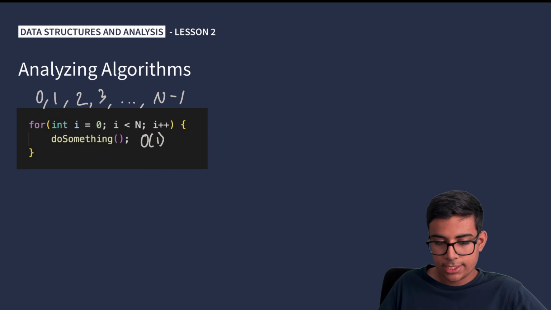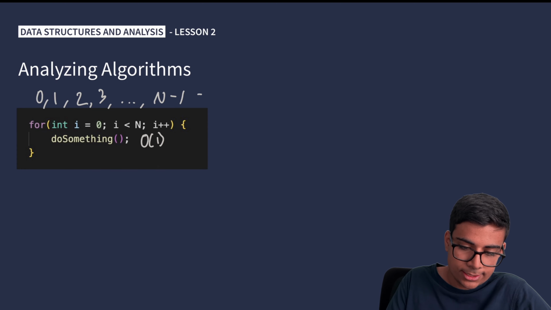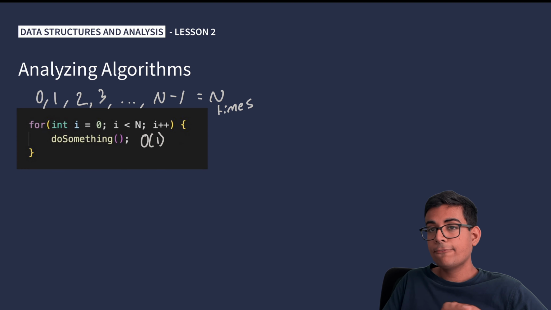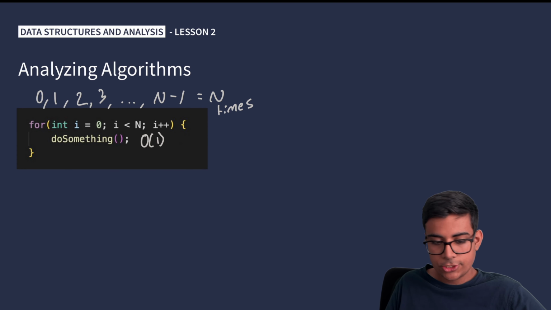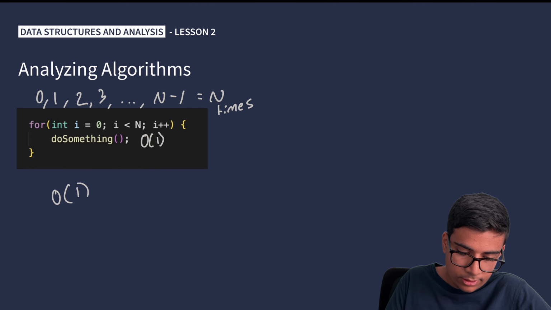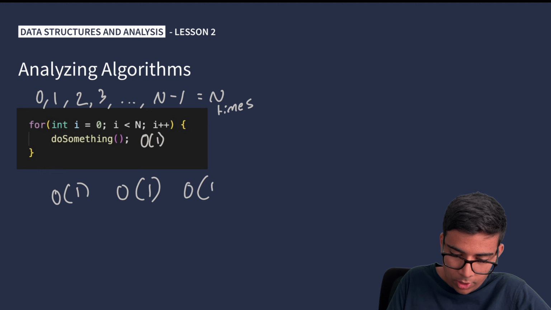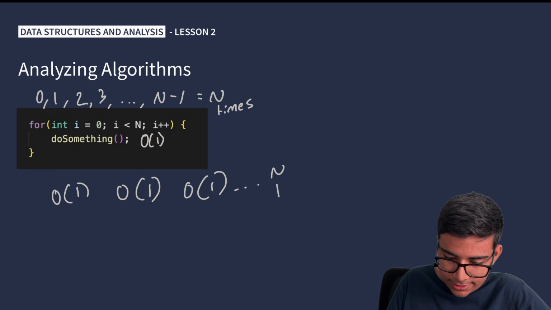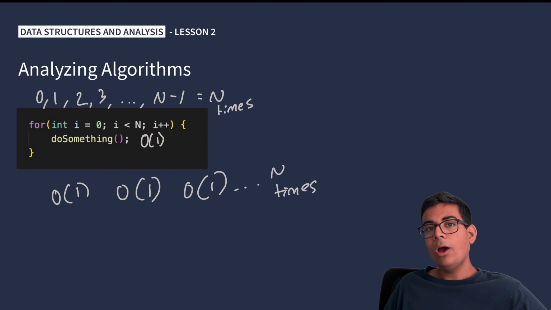This is a basic for loop in Java. It's going to be incrementing n times, and we're running a function every time we increment. So we're running O of 1, O of 1, O of 1, n times. So what would be the complexity of this for loop?